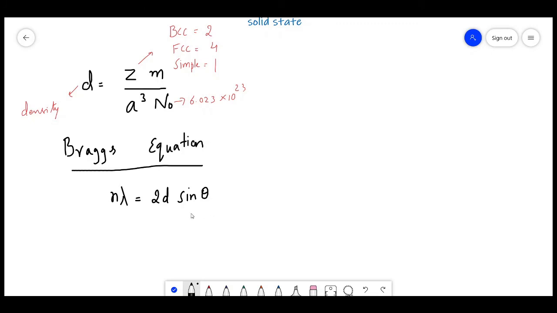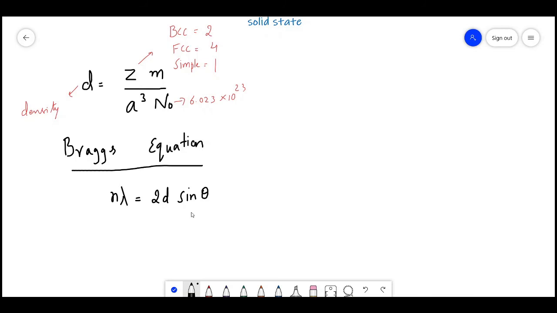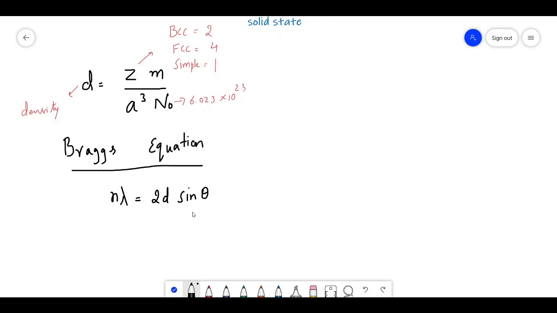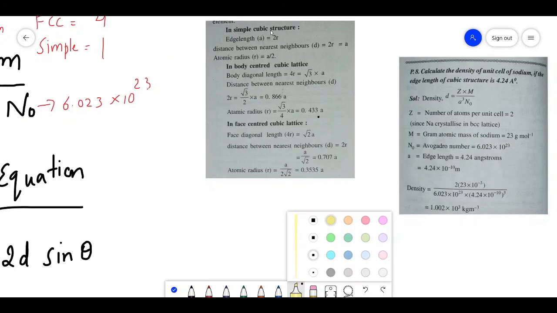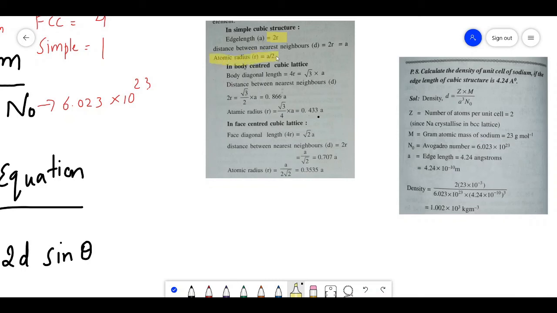And next, along with this, try to remember some formulas. For a simple cubic structure, the edge length is nothing but 2r, and the atomic radius r is equal to a by 2. Remember these two formulas, both are the same. In the same way, for the body centered cubic, just remember 4r is equal to root 3 into a.